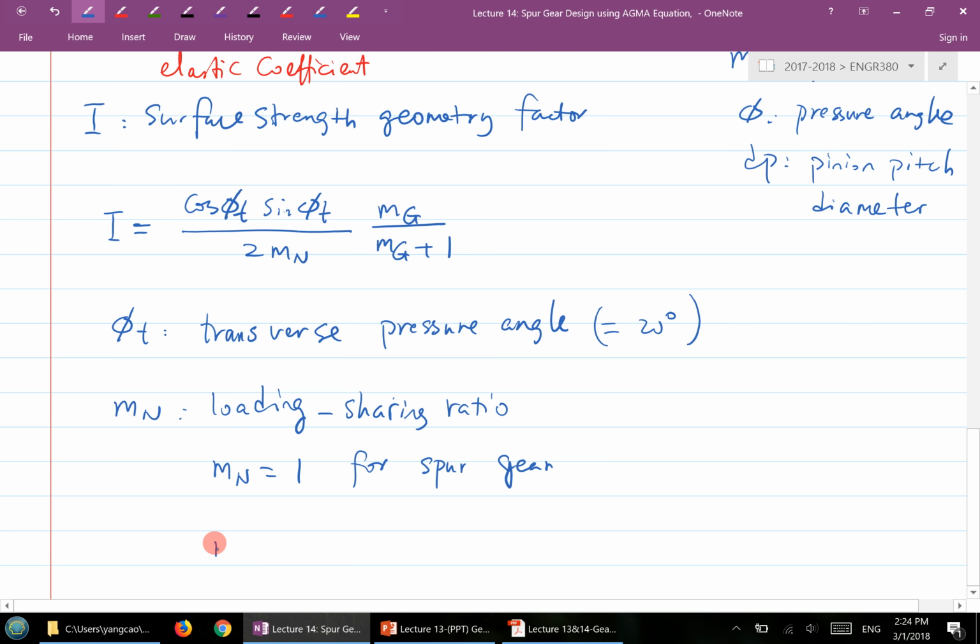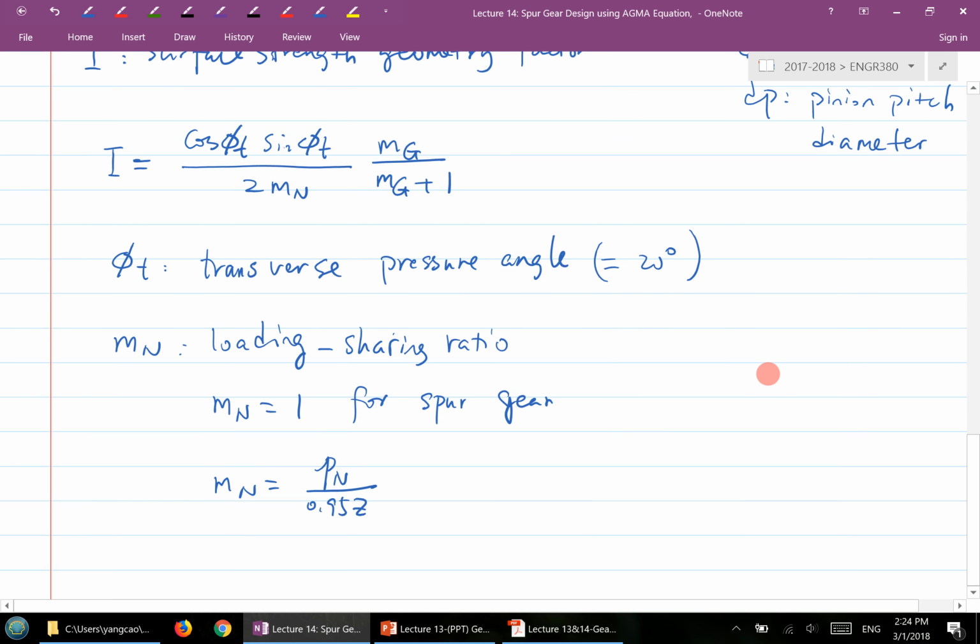If you're designing a helical gear, you have a different formula, and that formula is Pn over 0.95Z.